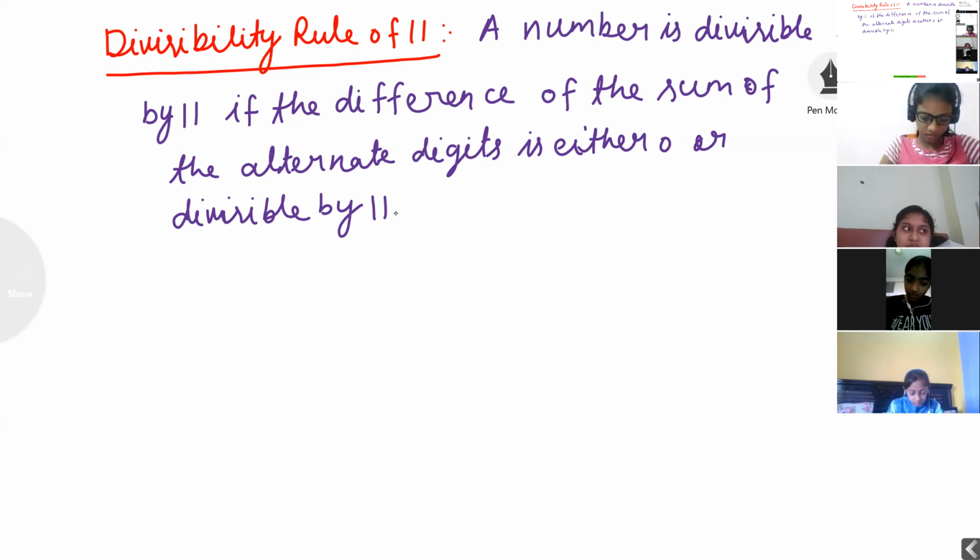A number is divisible by 11 if the difference of the sum of the alternate digits is either 0 or divisible by 11.